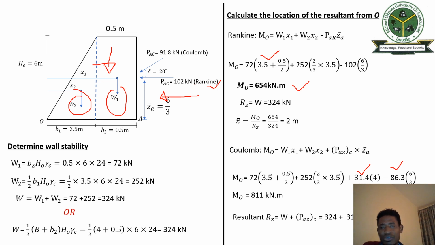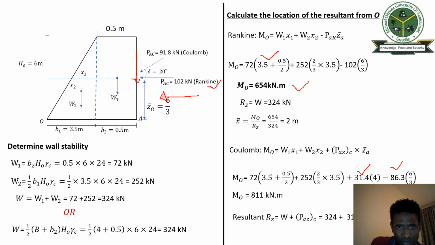So what do you have to do? The vertical force is just acting at this point of the wall. Remember that this vertical force is coming from the soil here. So it is acting just at the end, just at this point. Because it's acting just at this point, the distance is going to be from here to here, which is 4 meters.